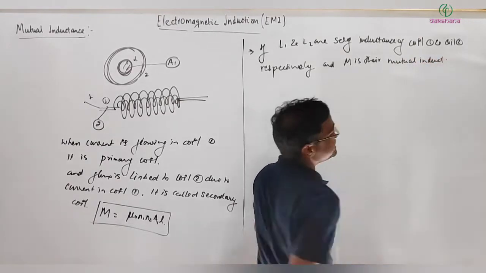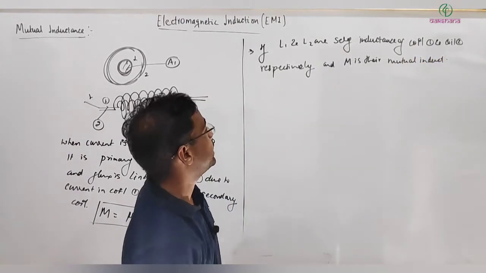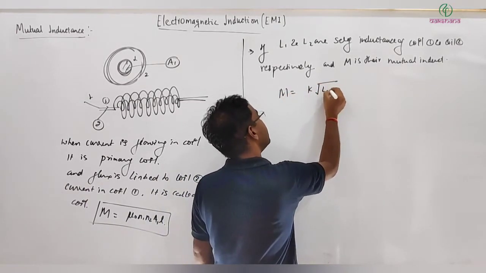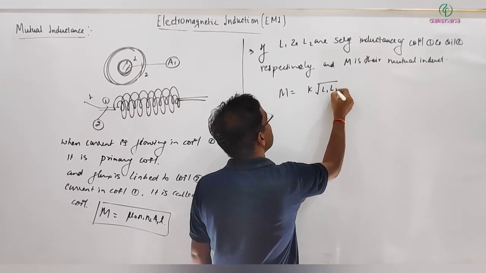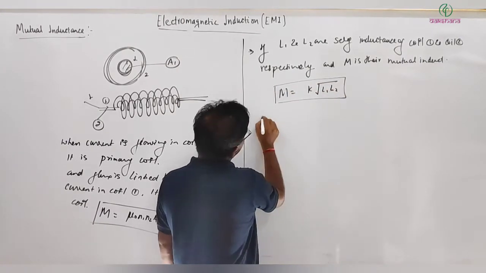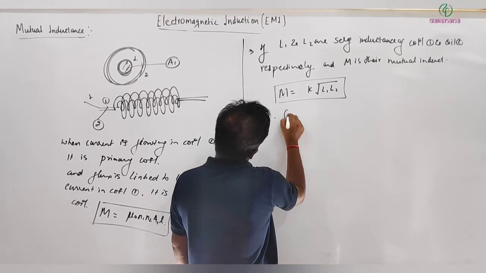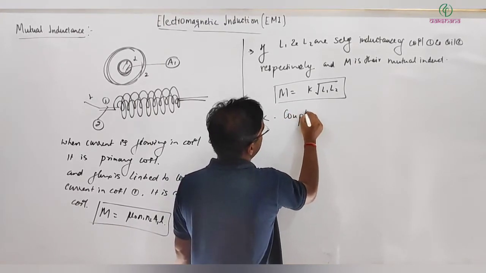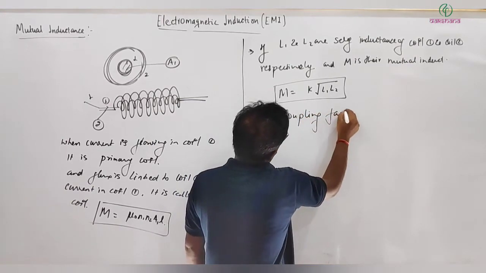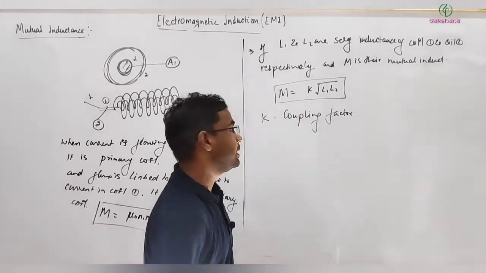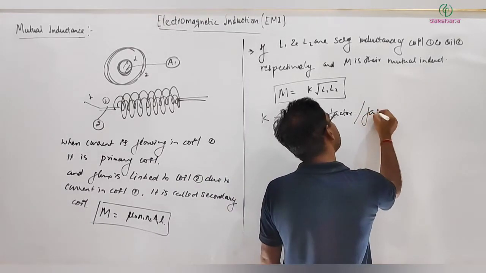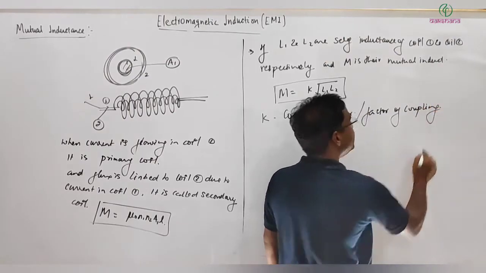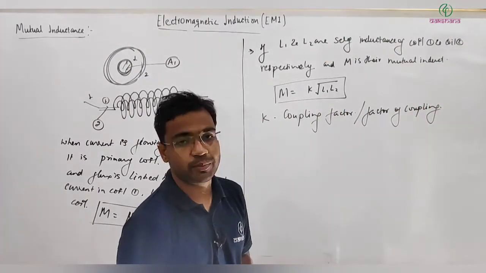Then we have a relation between M, L1 and L2: M is equal to K root L1 into L2, where K is called the coupling factor, or factor of coupling. That depends on how the two coils are placed.